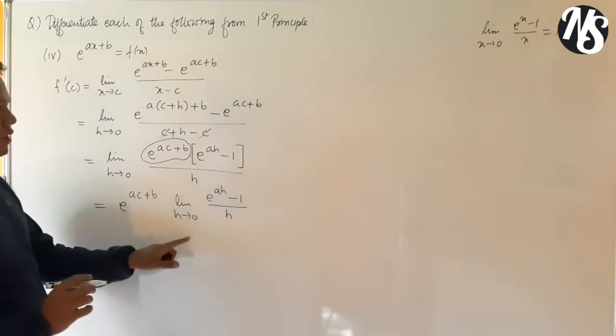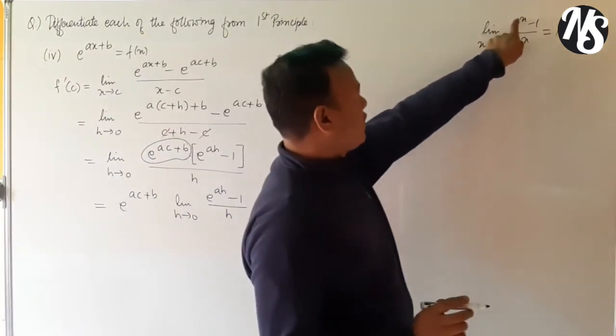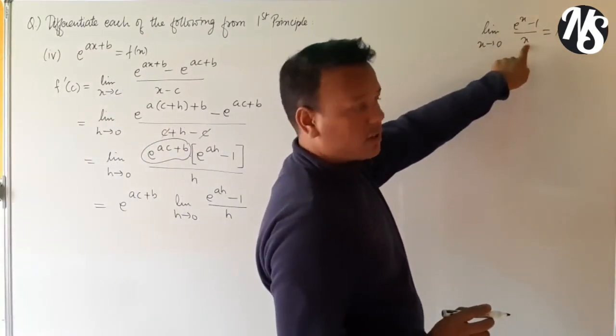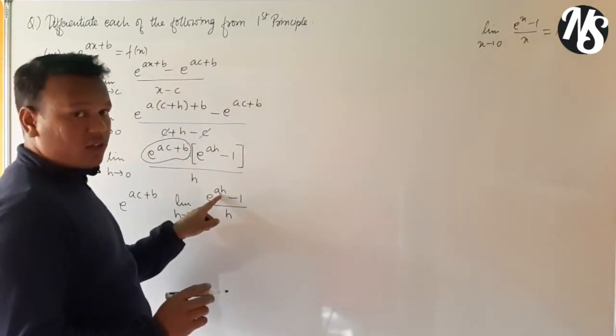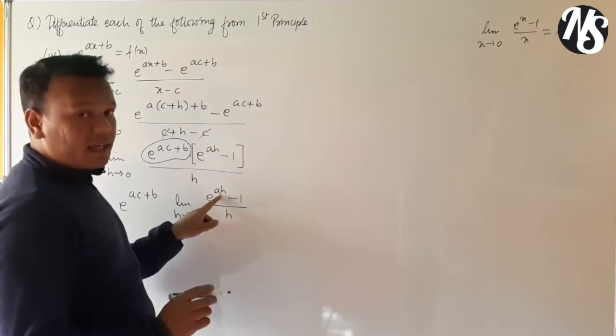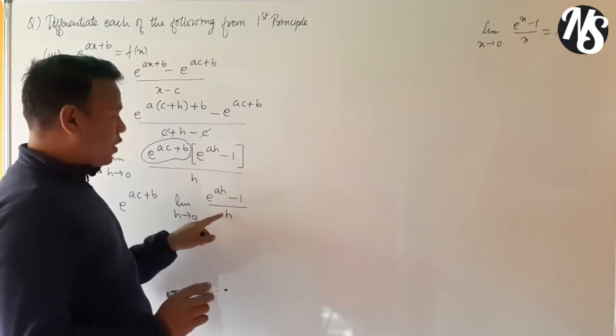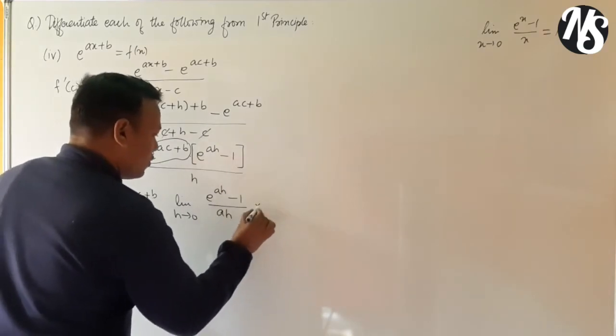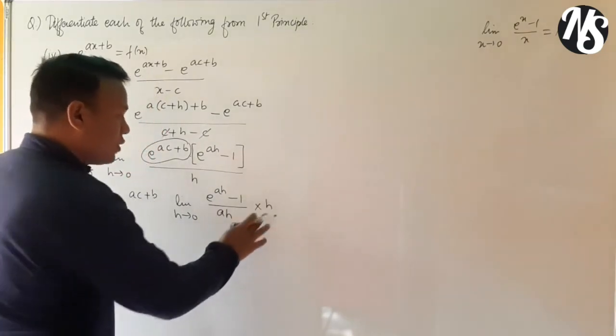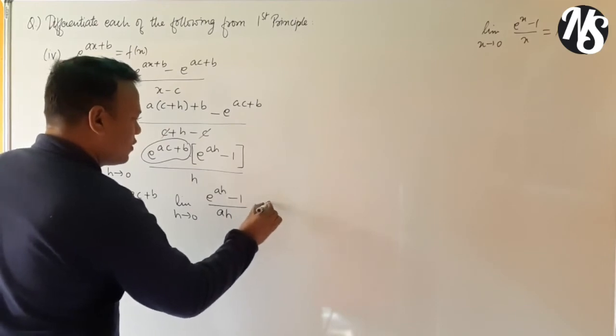Now if you compare this formula with this, if there is x here, here also we need to have x, but here we see that there is not only x, but we have ah. So if it is ah here, we must have a here also. So let me put a here, and I have to put one a here to balance, because I have written this a extra.